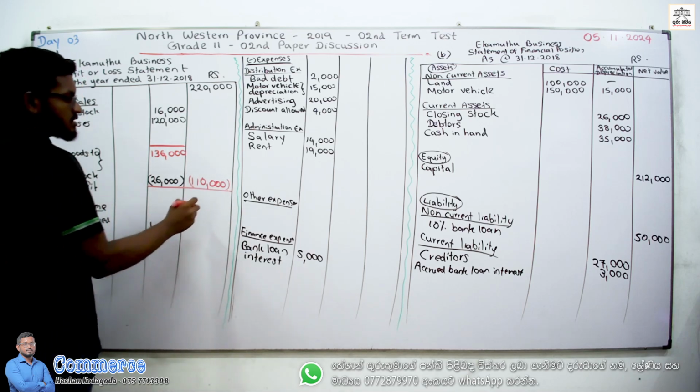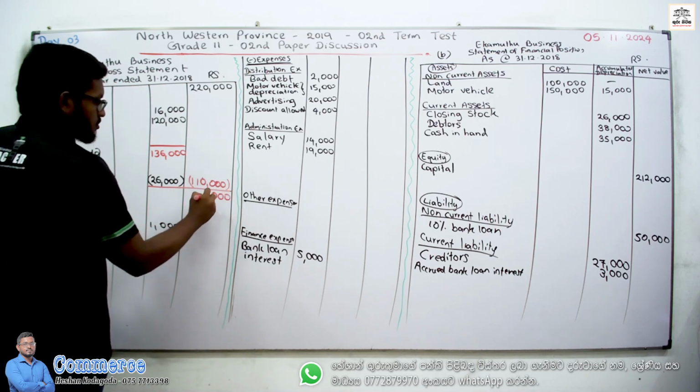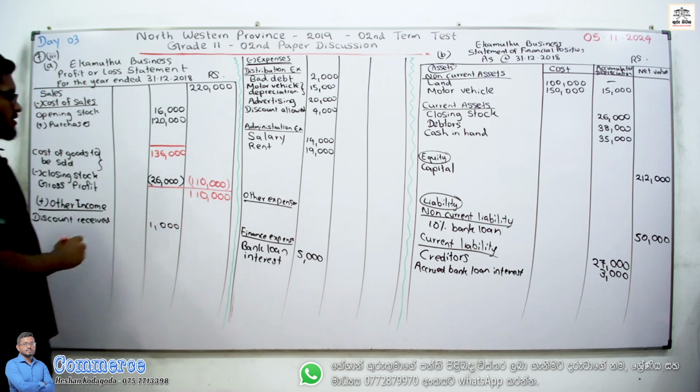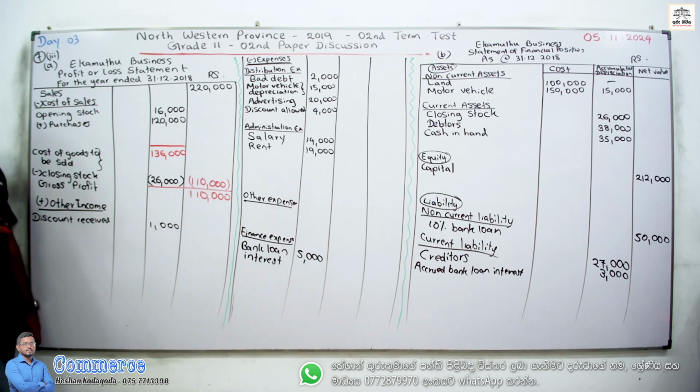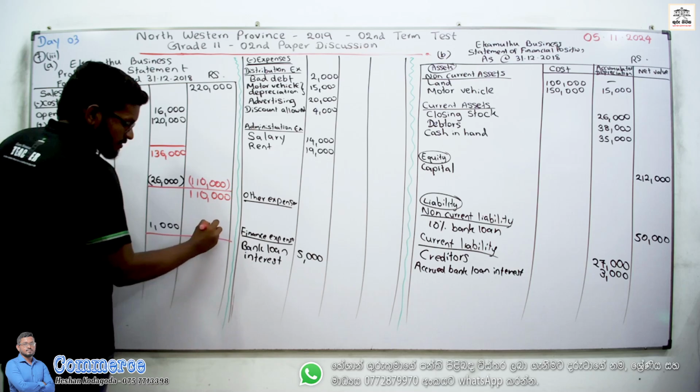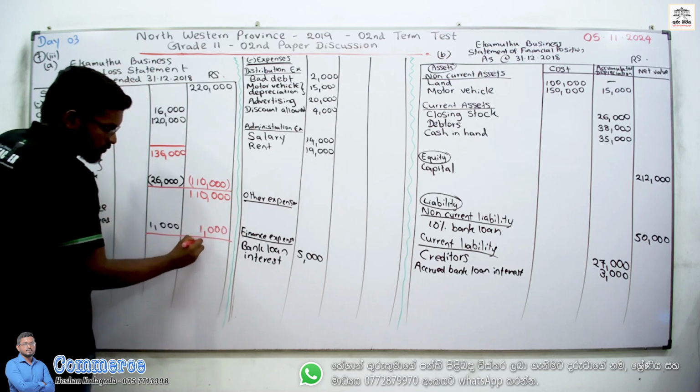Once you deduct it, gross profit is 110,000. Okay, guys, right? So the other income 1,000, so it's 111,000.